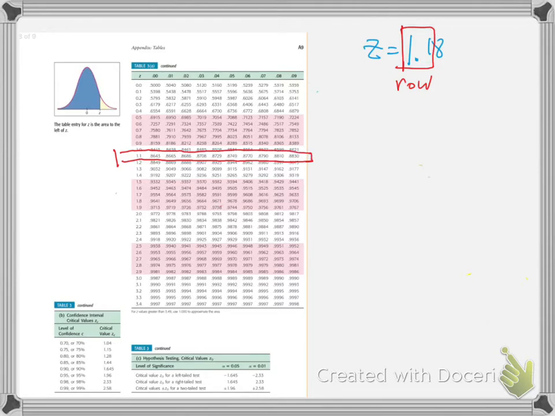Then look at the second digit, which is 8, so this is the column. The number where the row and column meet is the answer. So the probability that z is less than or equal to 1.18 is 0.8810.